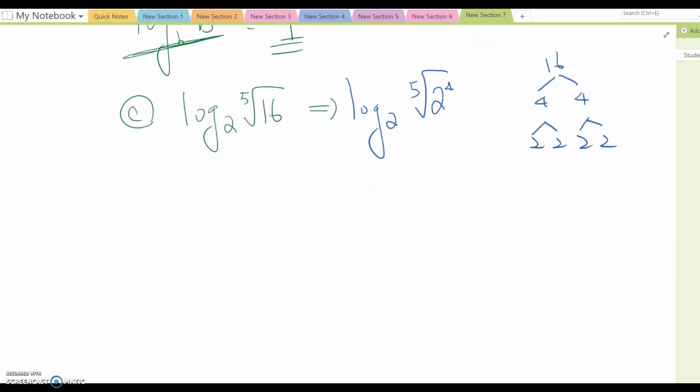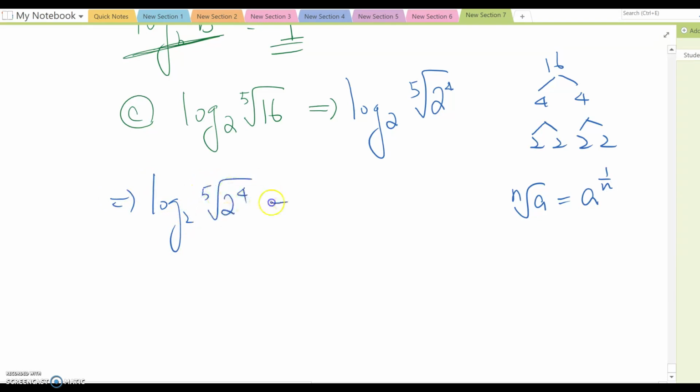Then we all know that the nth root of a means a to the 1 over n power. Therefore, log base 2 of the 5th root of 2 to the 4th power, we can rewrite as log base 2 of 2 to the 4th power, to the 1 over 5 power, as following.